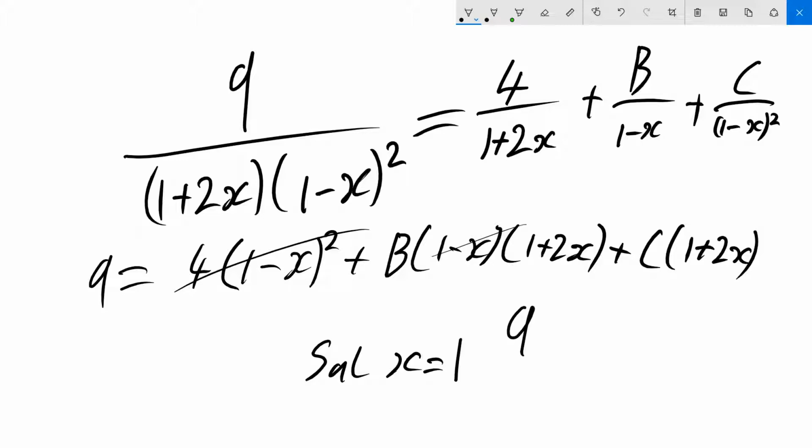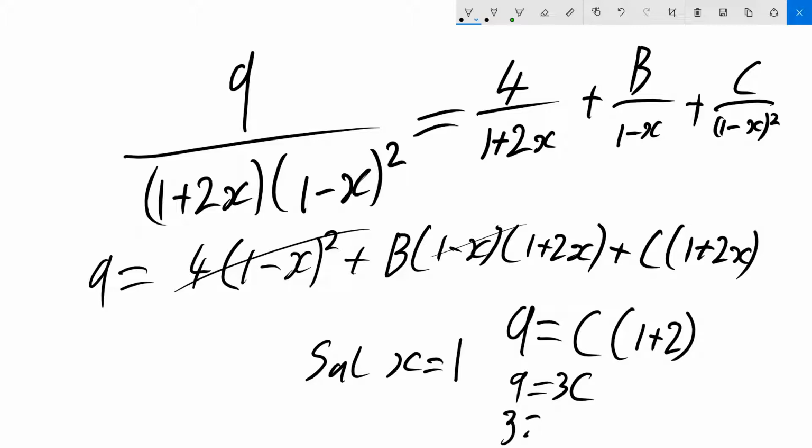So 9 equals c lots of 1 plus 2, that's 3. So 3c is equal to 9, and 3 is equal to c. So we now can sub that in up the top here.